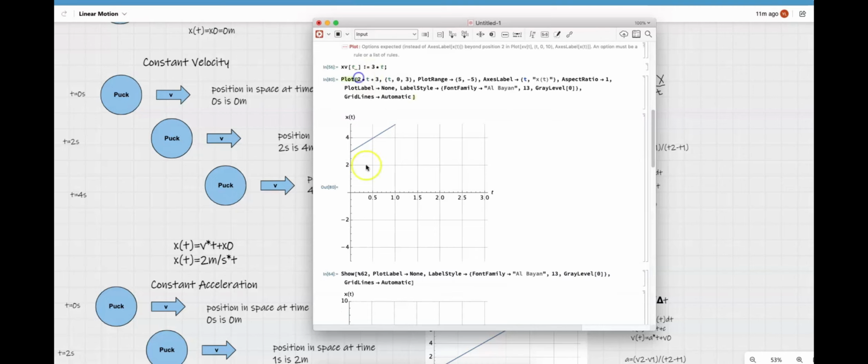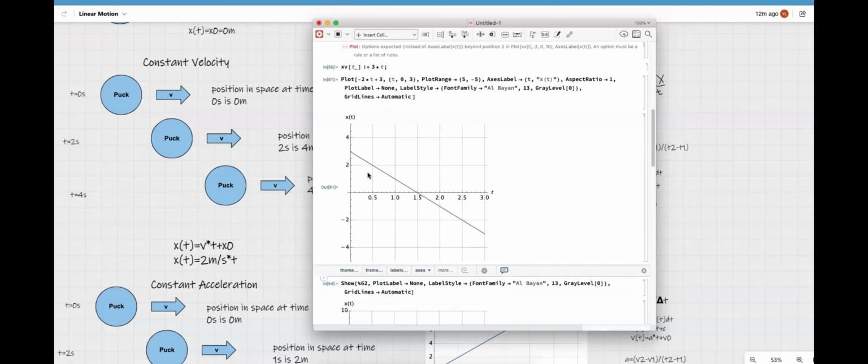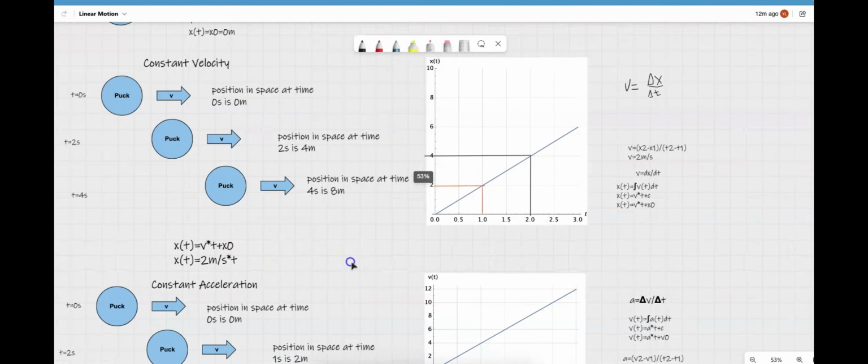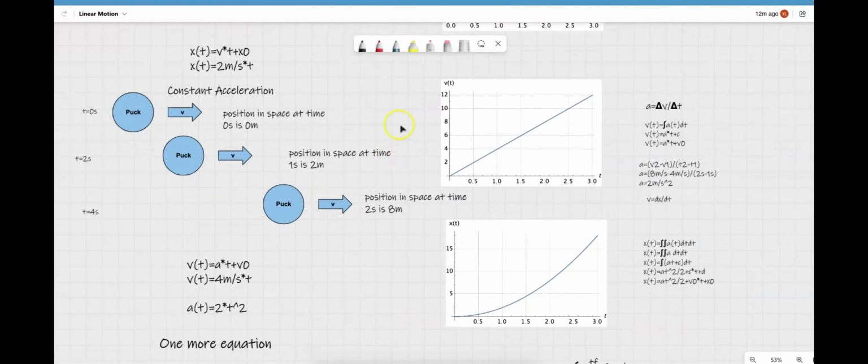And if we were moving in the negative direction, then now we're moving the opposite. Imagine flipping the velocity around. We're starting at 3 meters, and we're gradually moving towards the 0 meter origin point, and then past it off into the negative direction.